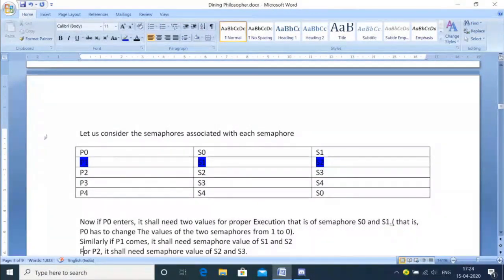So what happens is we have maintained a table. Let's say, for example, for every situation, P0 needs two forks, F0 and F1. For every fork, we have connected a semaphore.